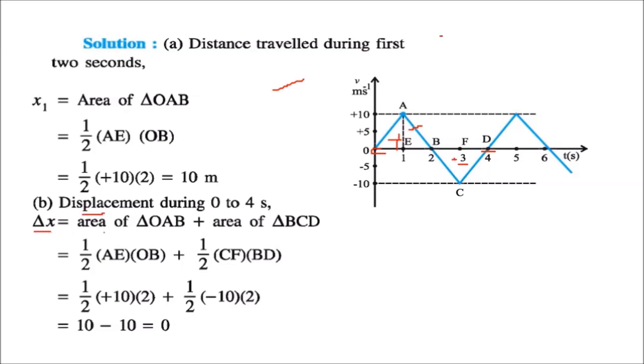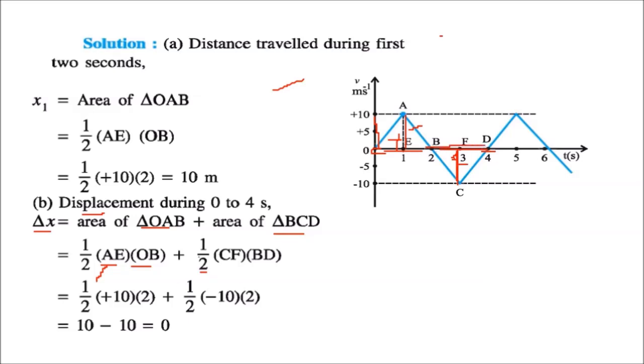So delta x will be the area of triangle OAB plus the area of triangle BCD. OAB is half into base into altitude, that is half into A into OB. In this case we have half into base, again BD, into CF. Now this A is what? Plus 10 here. OB is again 2. In this case, half CF is what? This is minus 10 and this is your BD, which is 2.